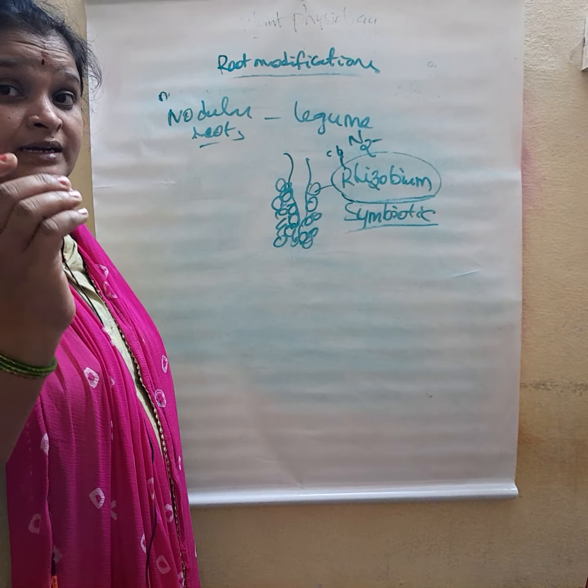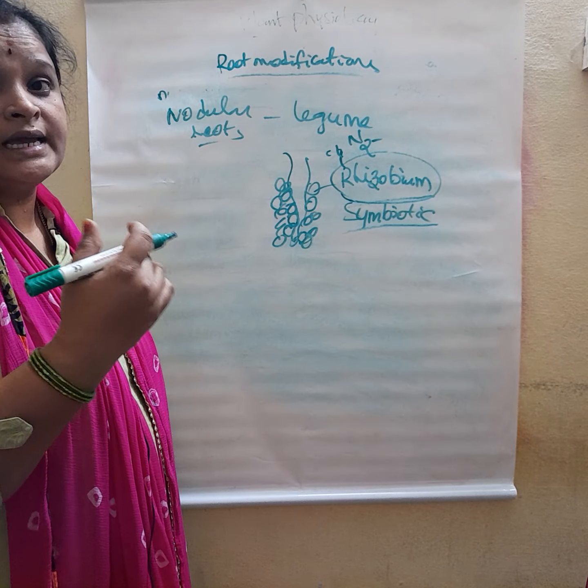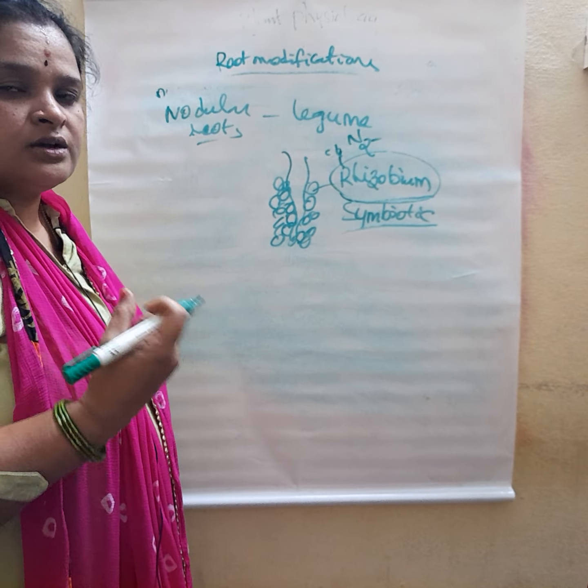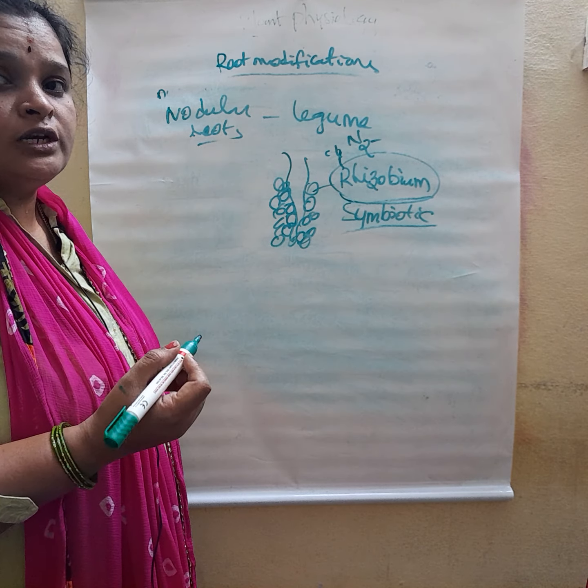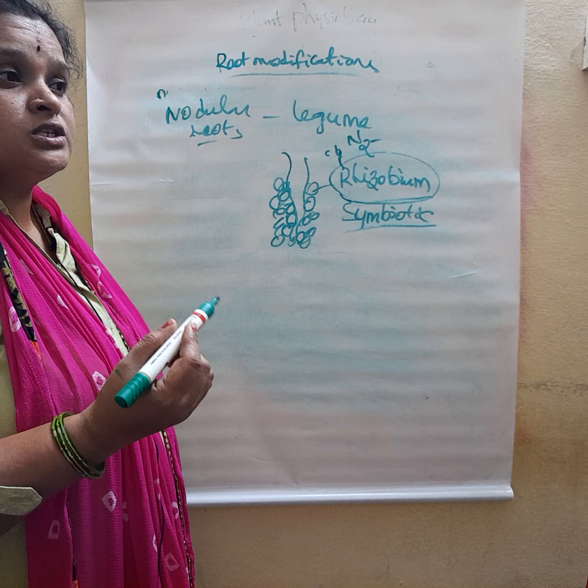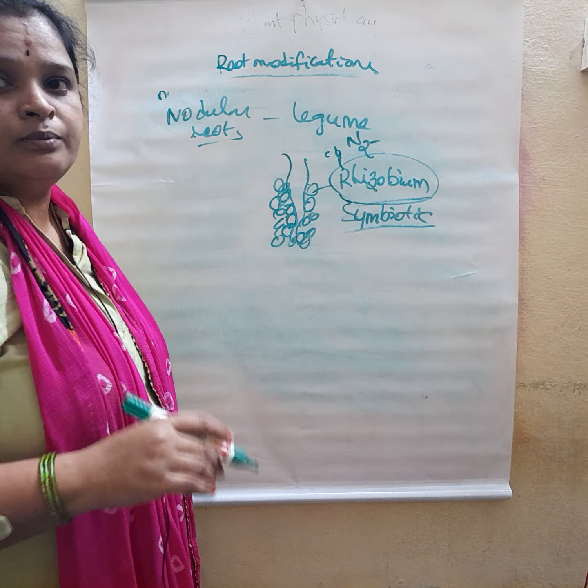A specialized bacteria inhabits them, called rhizobium. What is the function of rhizobium? It fixes nitrogen. For this purpose, farmers use rotational crops with legume plants.